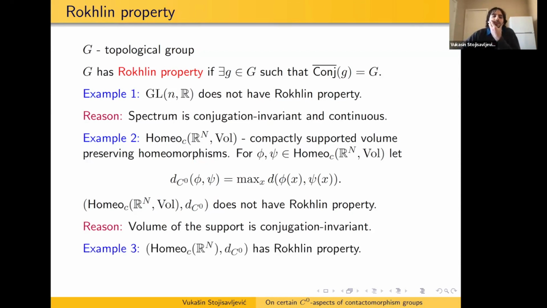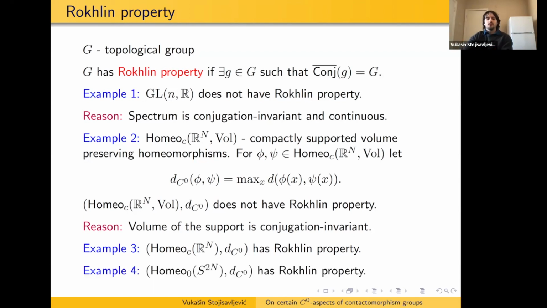Okay, but here is something that does have the Rokhlin property. If we drop the volume condition, then homeomorphisms of R^n with the C0 distance, compactly supported, this group has the Rokhlin property. So it's some kind of very flexible situation. And actually, we will more or less see the proof of this throughout the talk. And here is a compact example.